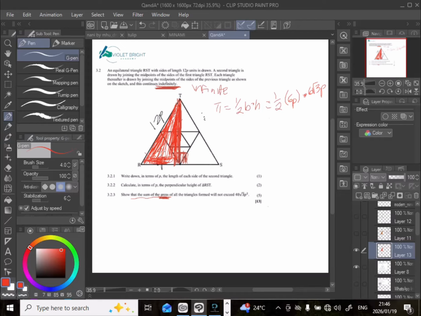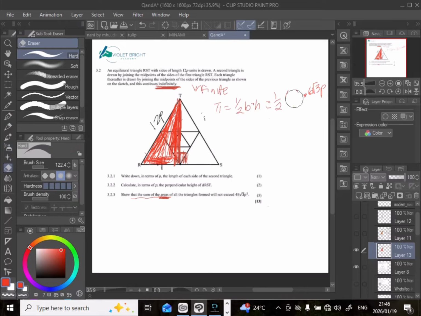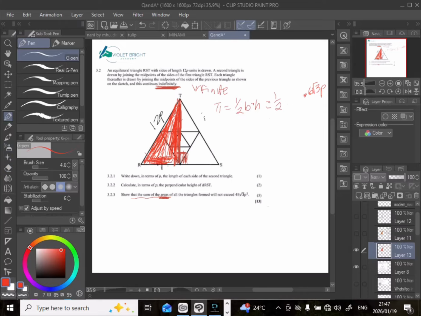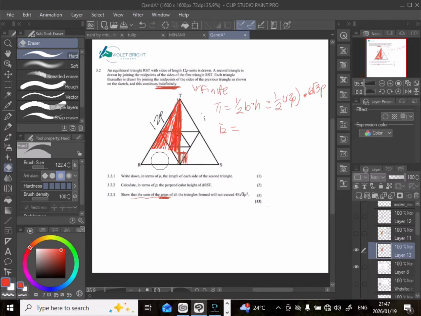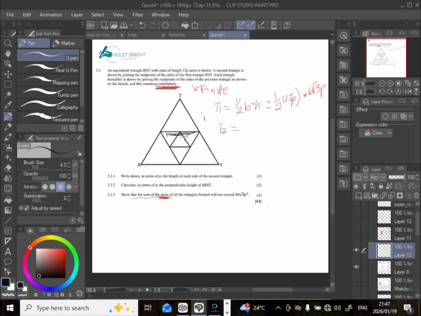Now if the second triangle's base is equal to, oh sorry, here I said half base, I already did the half base myself and didn't correct it there. It's half base, which is 6 here, so it's 6 times 6 root 3. For the second one it's the half base. Remember, let me erase here again. It's this triangle, this one standing upside down.